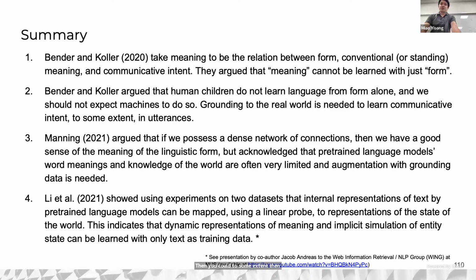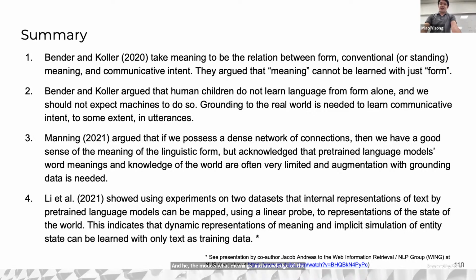And Manning took the opposing view. He thinks that if you have access to many expressions or forms, your model can also learn some network of connections between them and then learn some meaning. But it's a bit abstract. And he acknowledged that the model's word meanings and knowledge of the world are limited, and you also need to augment it with grounding data.